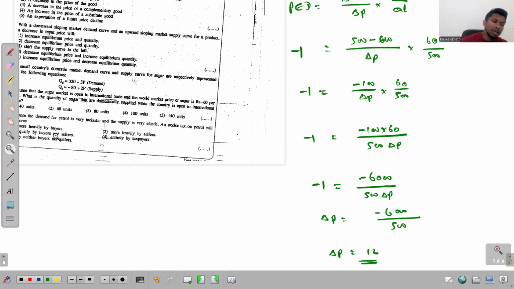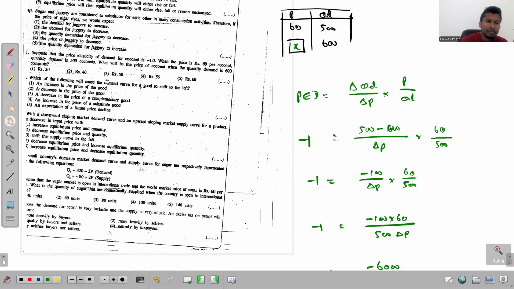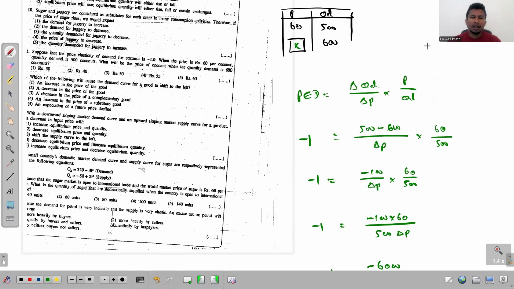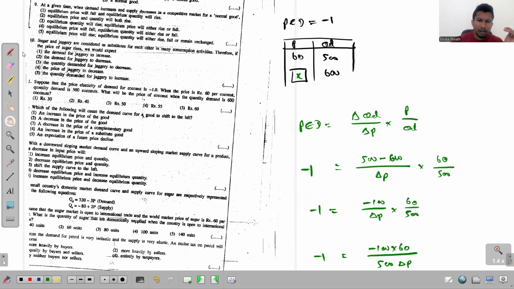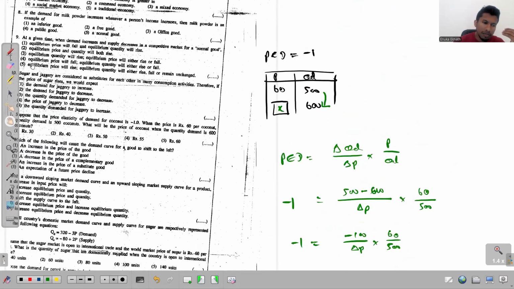If delta P is 12, see, you think the quantity has increased, which means then obviously the price should decrease, but by how much? How much should be the change in price? That should be 12.